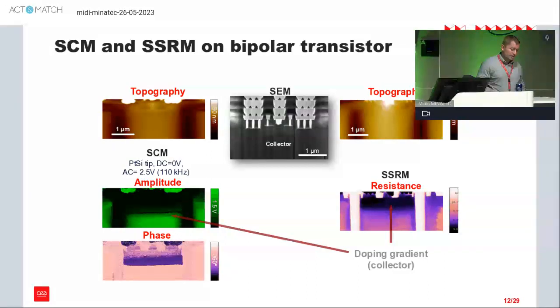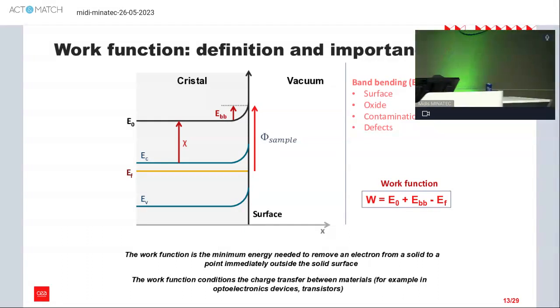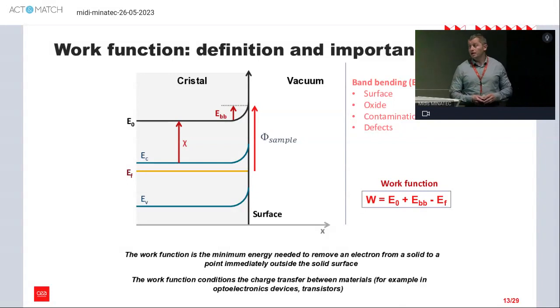The next parameter which I often use for electrical characterization by AFM is work function. A work function is the minimum energy needed to remove an electron from a solid to a point immediately outside the solid surface.